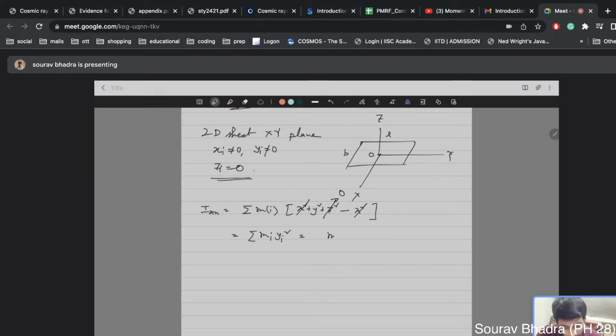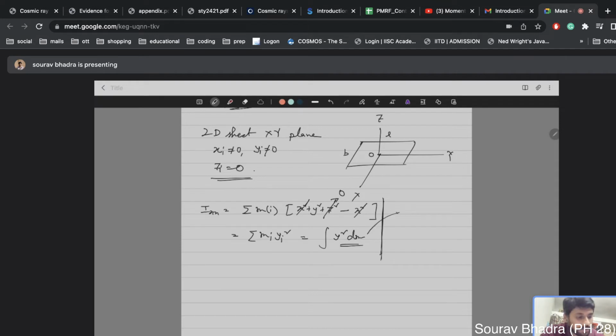Similarly, it becomes the integral of y square dm. Now for this particular lamina, what is our dm?